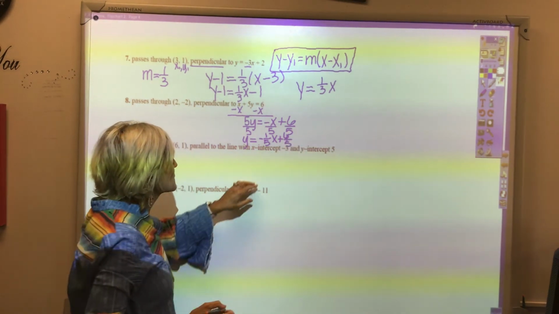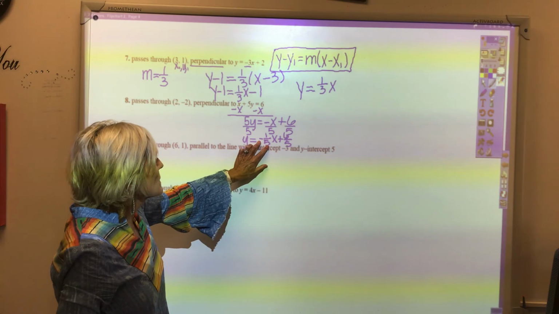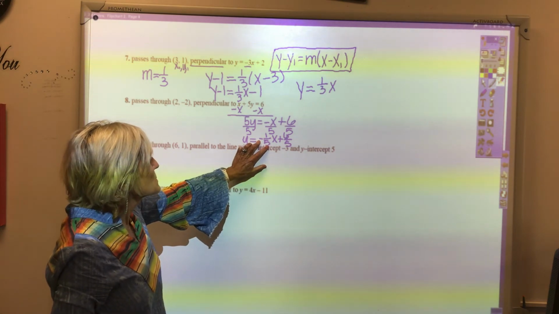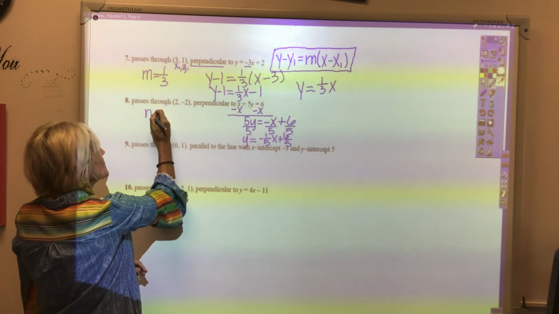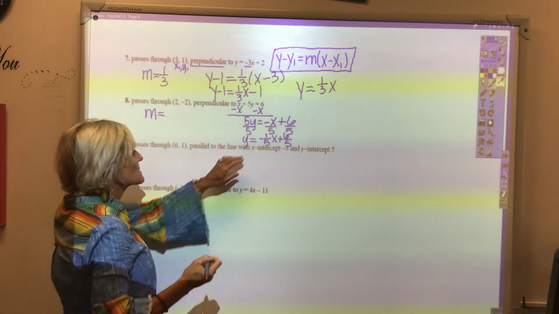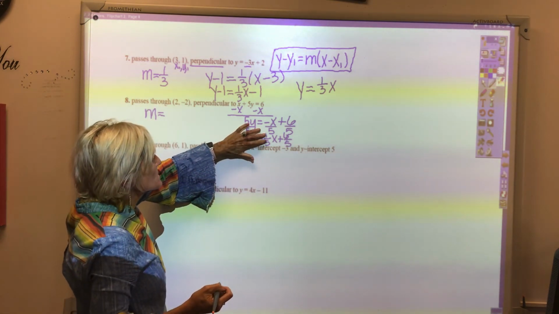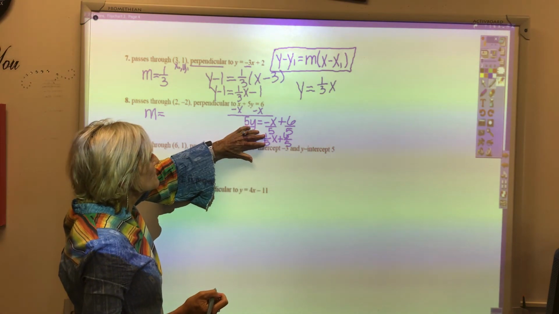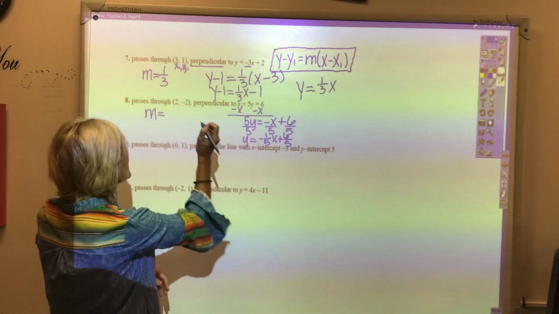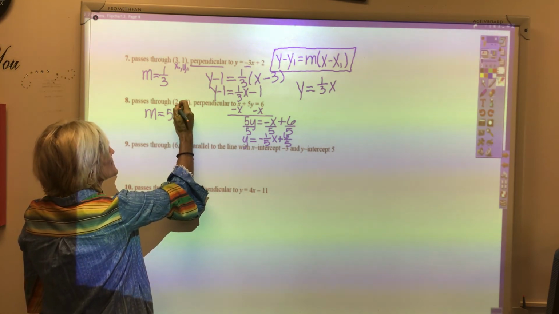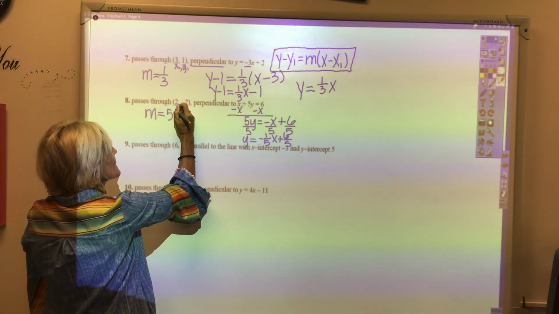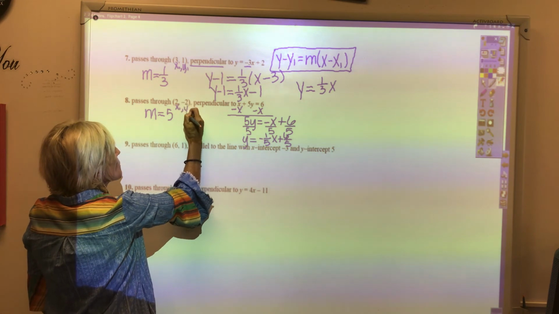And we did all that work just to find our slope of the perpendicular line, which is -1/5. So our m will be the opposite sign, so positive. The reciprocal of 1/5 is 5/1, so we'll have m is 5. Our point, 2, -2, that's our x1, y1.